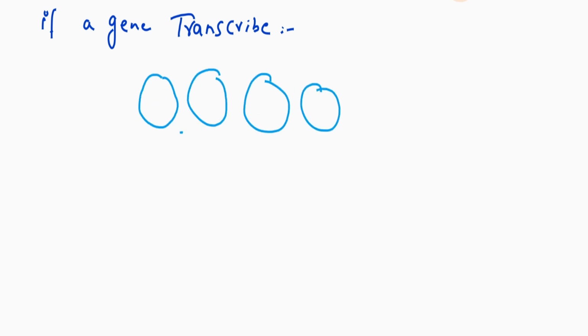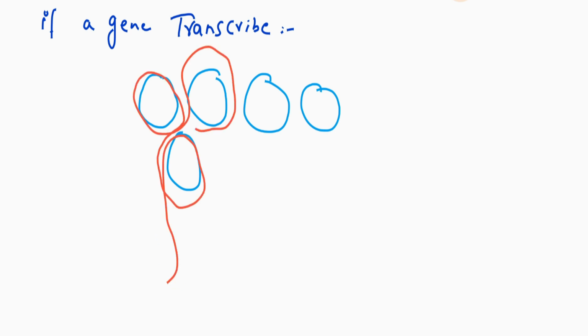And if a gene is going to be transcribed, the histone proteins and the DNA are modified, which results in loose packing of nucleosomes.